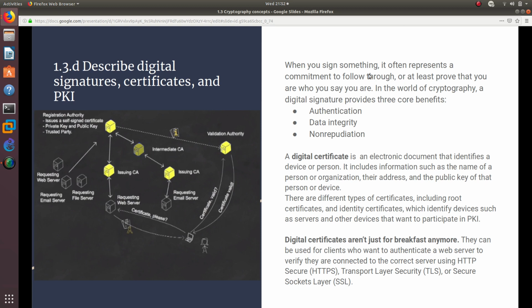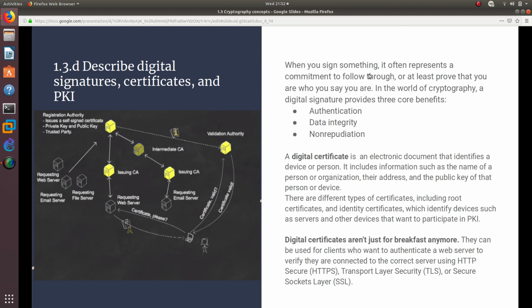Now, not to be confused with a digital certificate, right? A digital certificate is something else, and it's not the same as a digital signature. A digital certificate is an electronic document that identifies a device or a person, and this includes information such as the name of the person or organization, their address, and the public key of that person or device.